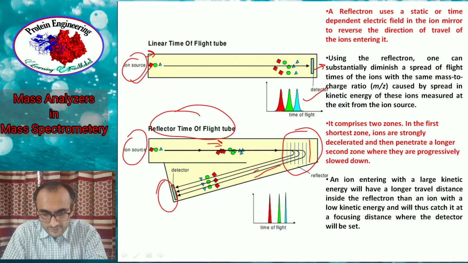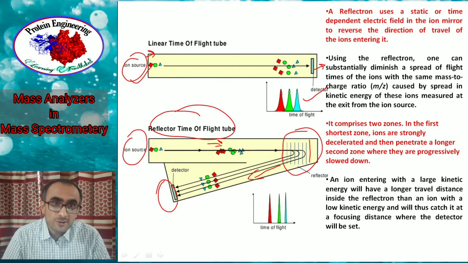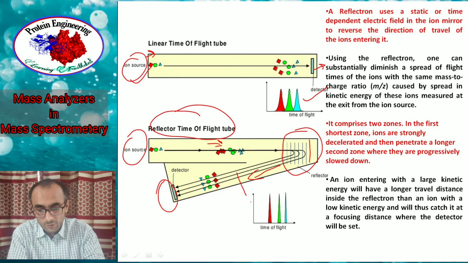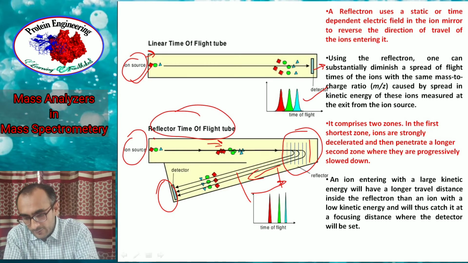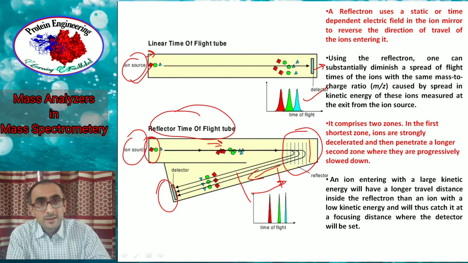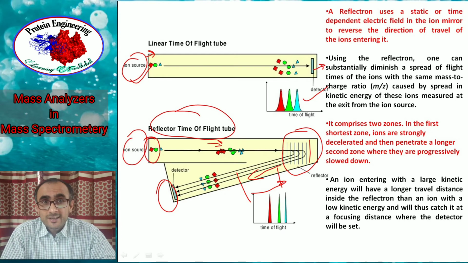The second zone is relatively longer, and they are progressively slowed down here. It's a zero field zone, there is no field applied here. As a result, all the ions come together having the same m/z values, and that is required because all the ions, when they exit from the ion source, despite having the same m/z value, may not have identical kinetic energy.